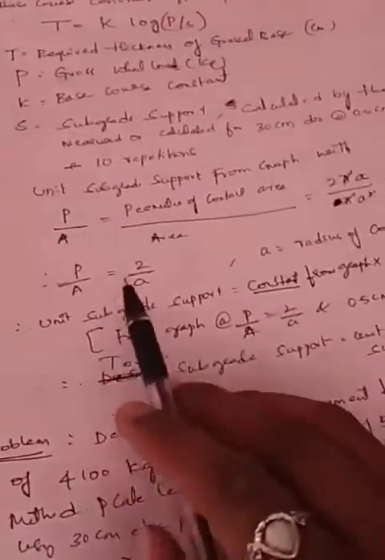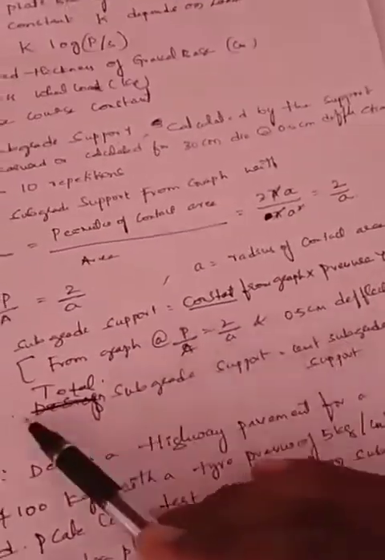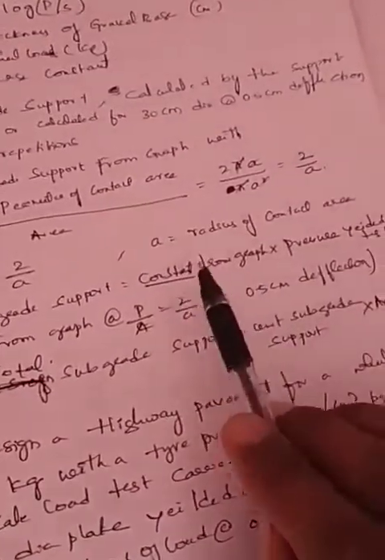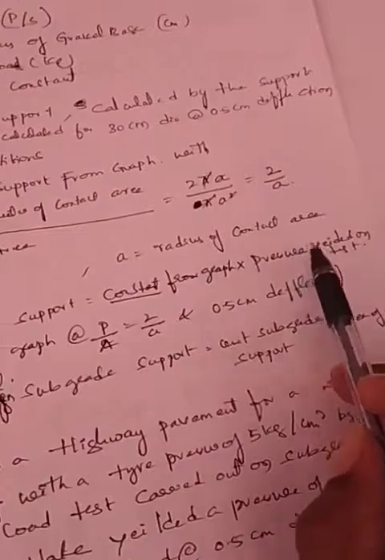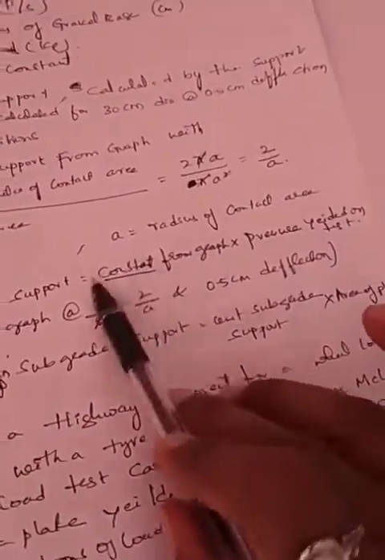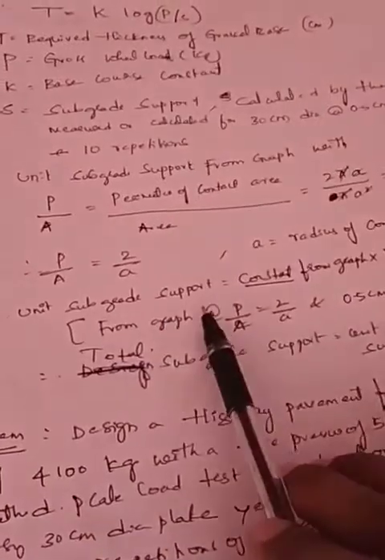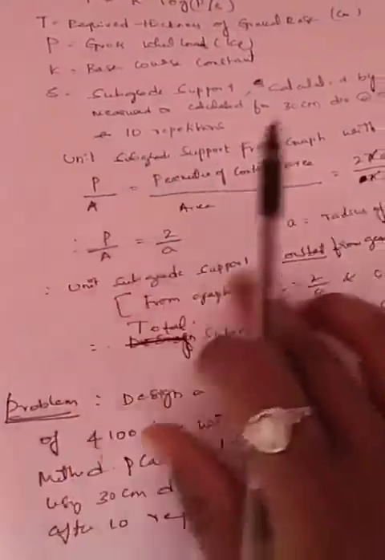So you get this from the curve. Once you get that ratio, unit subgrade support is equal to the constant from the graph multiplied by the pressure yielded on the test. Okay, when we do the test, whatever pressure is yielded, we multiply it by that ratio and we get the unit subgrade support, the design unit subgrade support. So this is not the value of S.